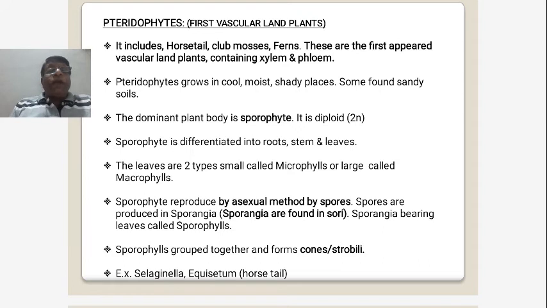The sporophylls group together and form what is known as cones or strobili. So sporophylls group together and form cones or strobili. So far you have not come across this word. Okay. In bryophytes there is no question of cones or strobili.